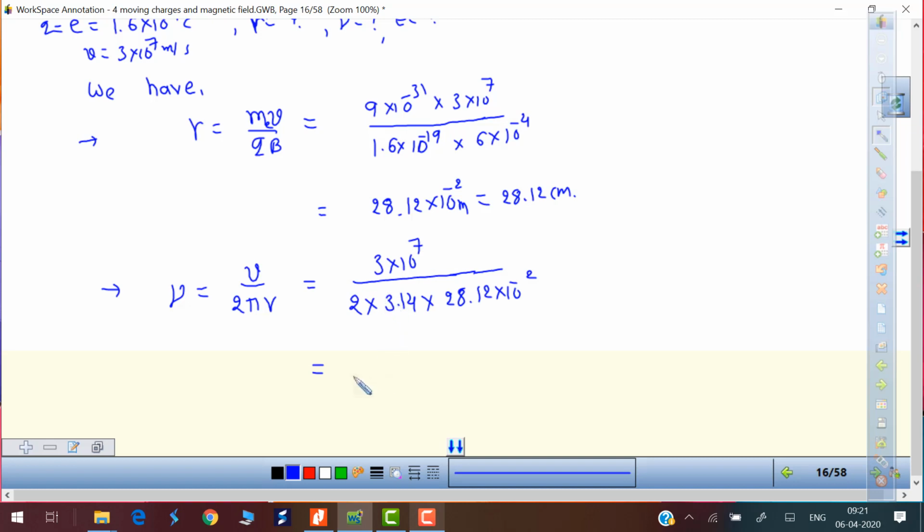So minus 7 going up, so it becomes 9. You do calculation, so it comes out 17 into 10 raised to 6 per second. And per second is called hertz. 17 into 10 raised to 6 hertz. You can write in megahertz because 10 raised to 6 is megahertz.